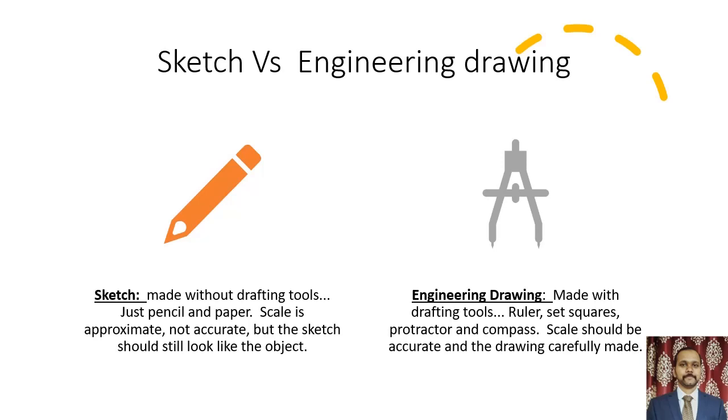The scale should be accurate and the drawing carefully made. So this is the basic difference between a sketch and an engineering drawing. We can say a sketch is approximate and an engineering drawing is with respect to actual scales, by which we are going to produce an object.